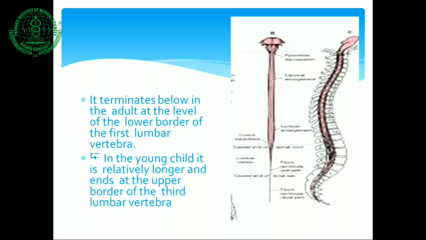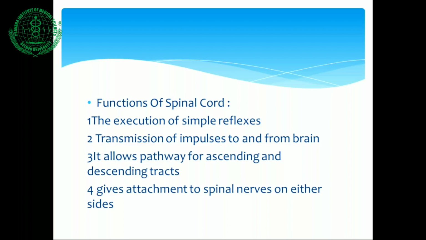Now after this, regarding functions of spinal cord. On either side of the spinal cord there is attachment of 31 pairs of spinal nerves. So the spinal cord allows the attachment of spinal nerves on either side of the cord.